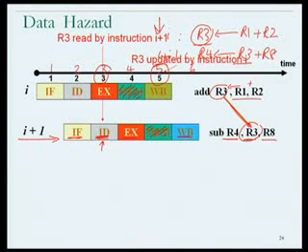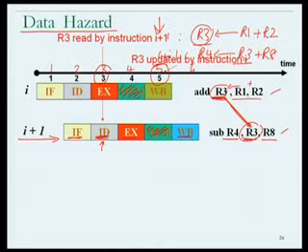The fault is not with the programmer. The programmer wrote a well-defined program in which there are 2 instructions, clearly indicating that the first instruction writes a result which is to be used by the second instruction. The problem is with the hardware. The hardware has not been properly designed to safely transfer the value computed by instruction I to instruction I plus 1. And that's why this is a hazardous situation.